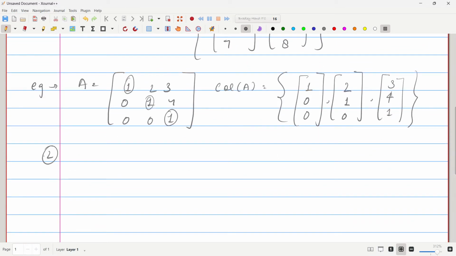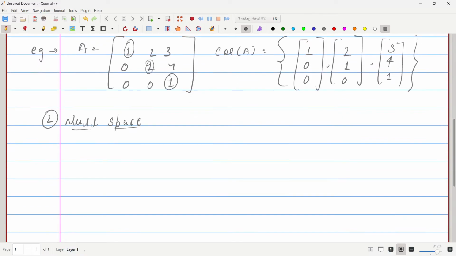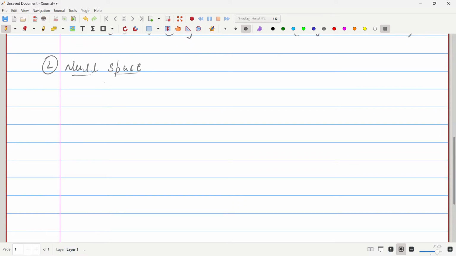The second topic is null space. So we have to find the null space. The general equation of null space is Ax equal to 0. We can understand this also by an example. Suppose you have a matrix 1, 2, 3, 4, 5, 6, 7, 8, 9.